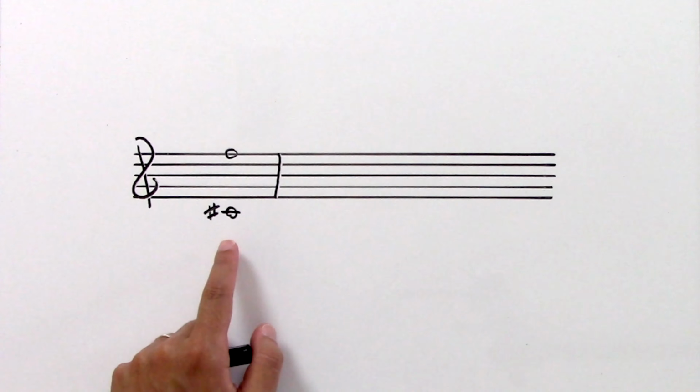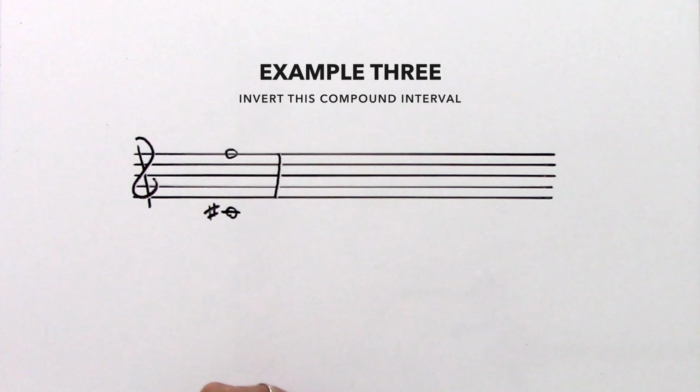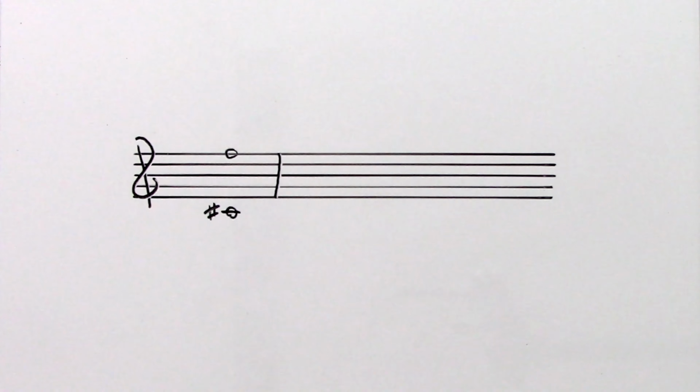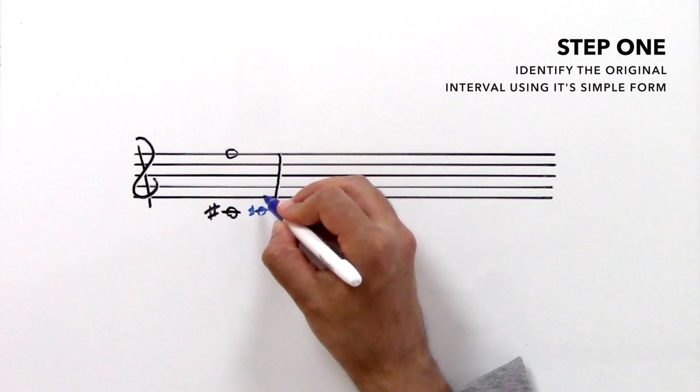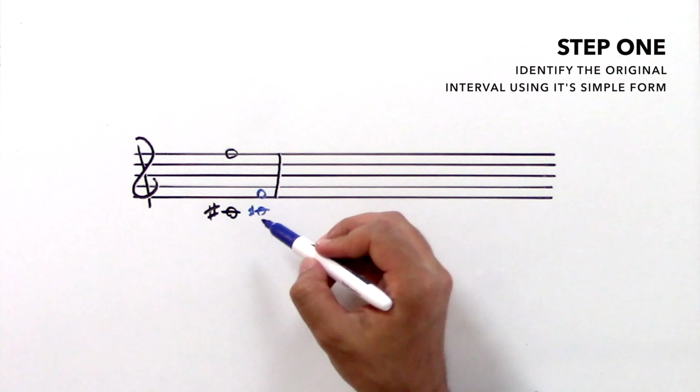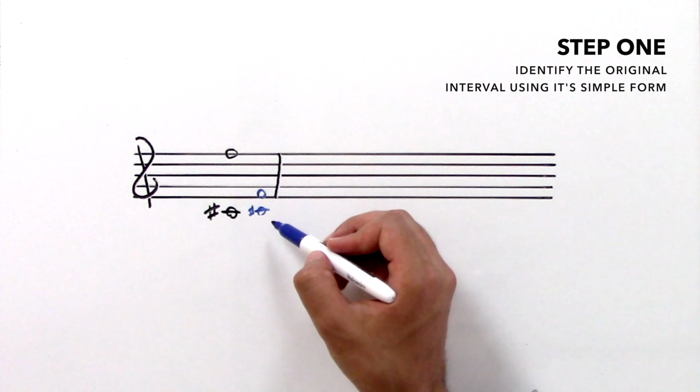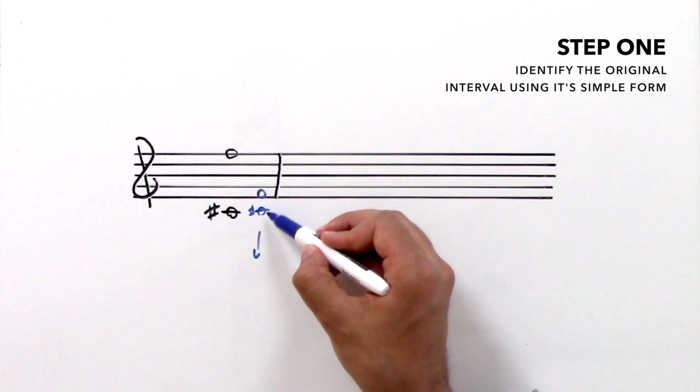So down here I wrote a C sharp and an F. Let's just start by figuring out what that interval is, and I'll do my quick simple interval maneuvering. I'm going to reduce it to its simple form. This is a fourth.